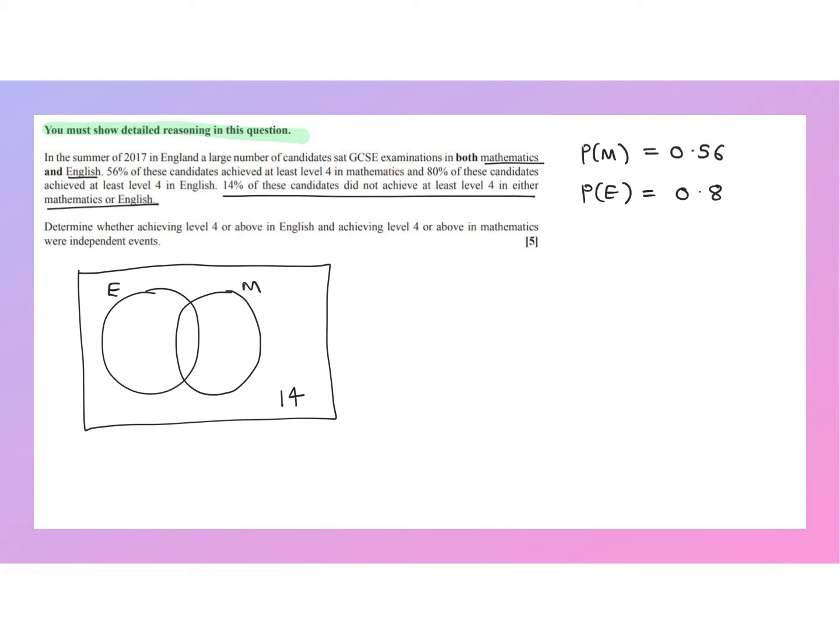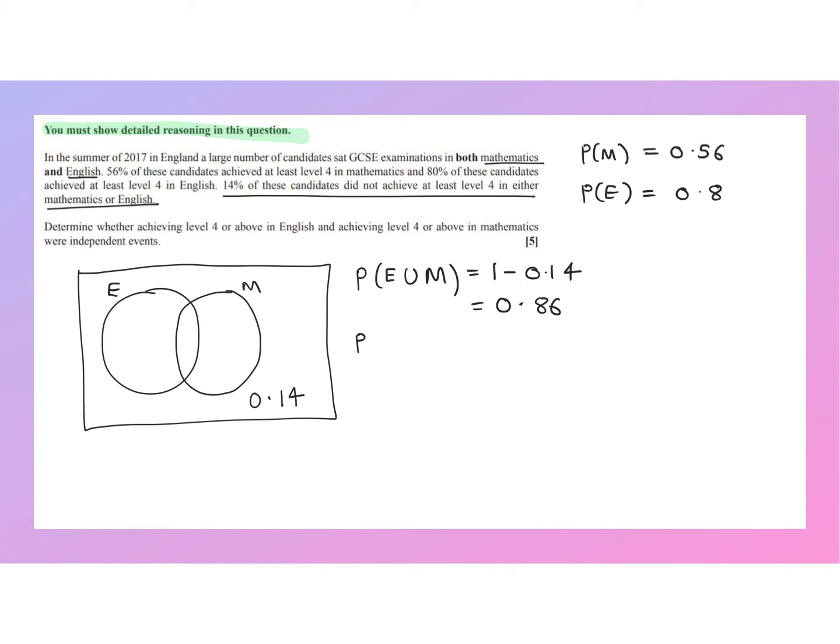So this then tells me that the probability of E union M, E or M or both, which essentially represents everything inside the two circles, will be equal to 1 take away 0.14, which comes to 0.86.